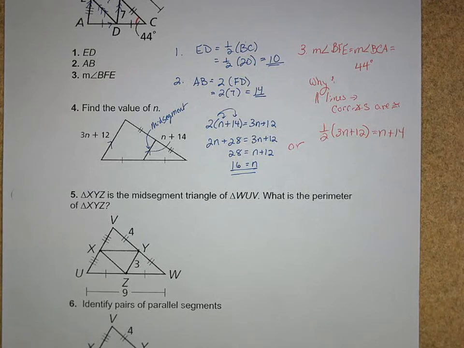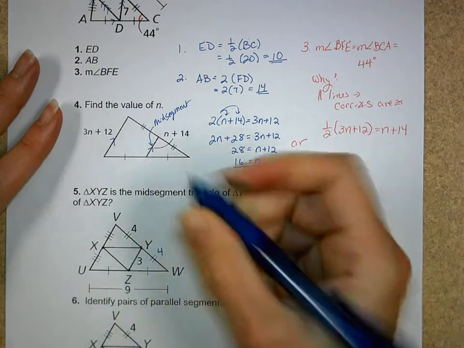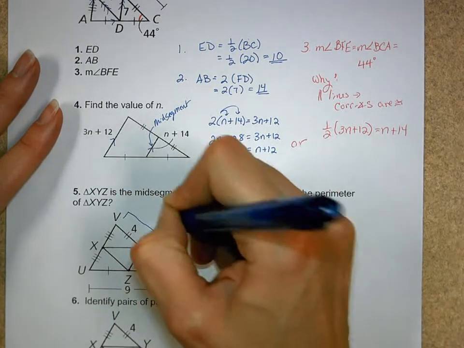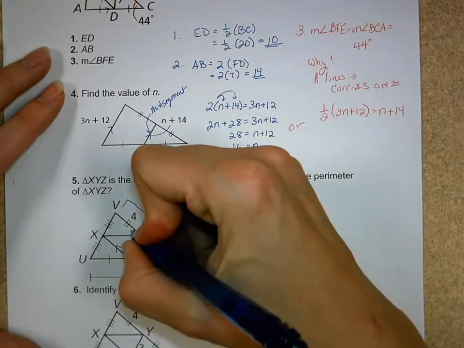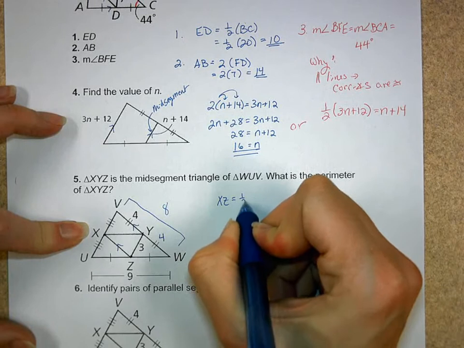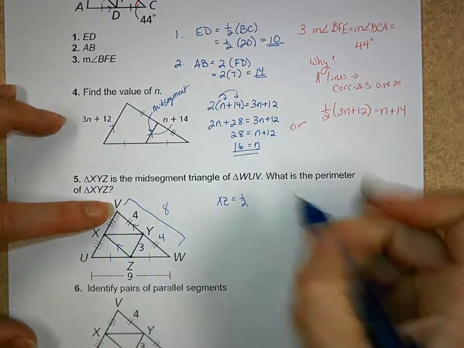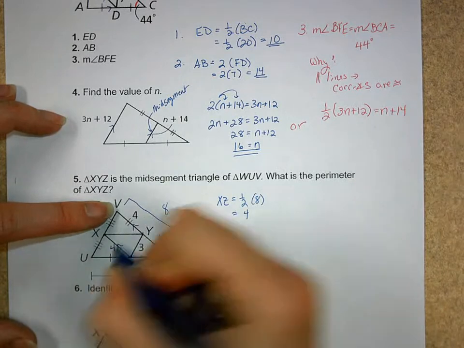So let's go ahead and start looking for the missing sides. Now, one thing I know is that VW is 8 total because they're congruent segments. It's going to be parallel to segment XZ, which means XZ is half the length of the side it's parallel to. So half of 8, which is 4. So I know that one right away is 4.